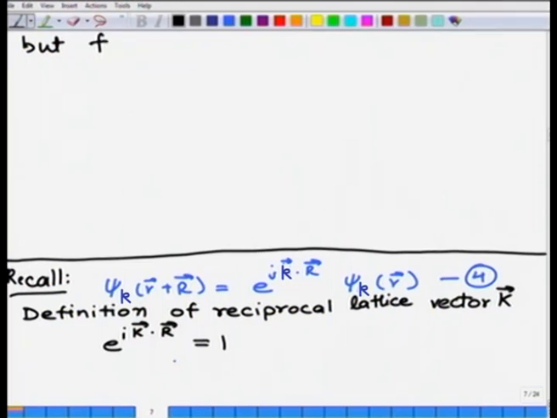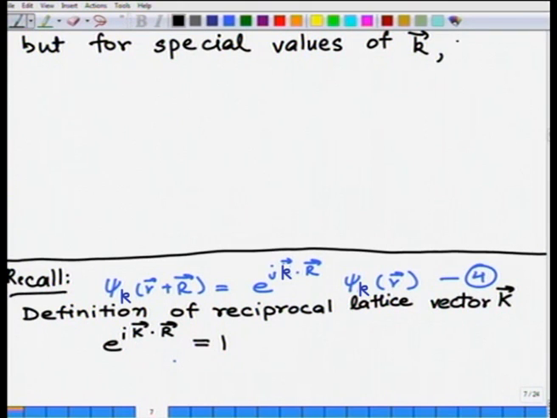But for special values of k, meaning for k equal to capital K, remember now here comes the reciprocal lattice vector. This special k is a reciprocal lattice vector.